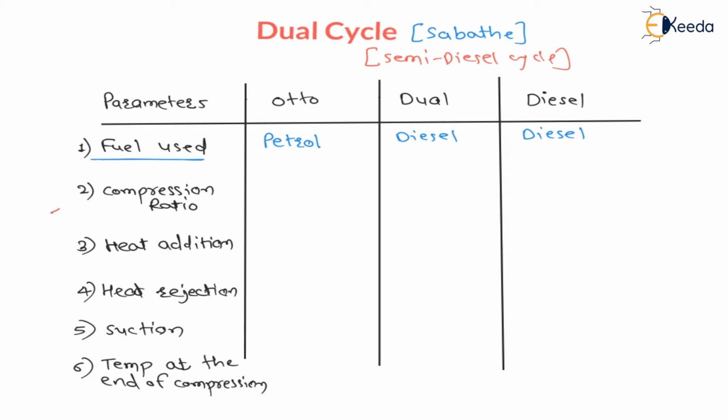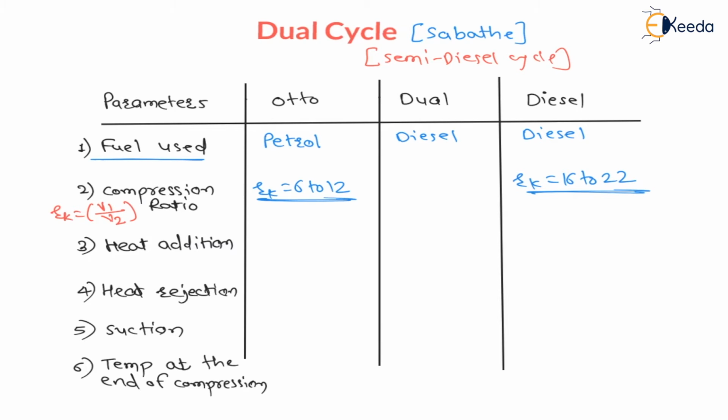The next parameter for the comparison is compression ratio. Compression ratio is represented by Rk, and it is the ratio of the volume at the entry of compression V1 to the volume at the exit of compression V2. For the petrol engine, that is the Otto cycle, this compression ratio Rk is 6 to 12. For the diesel cycle, it is 16 to 22.